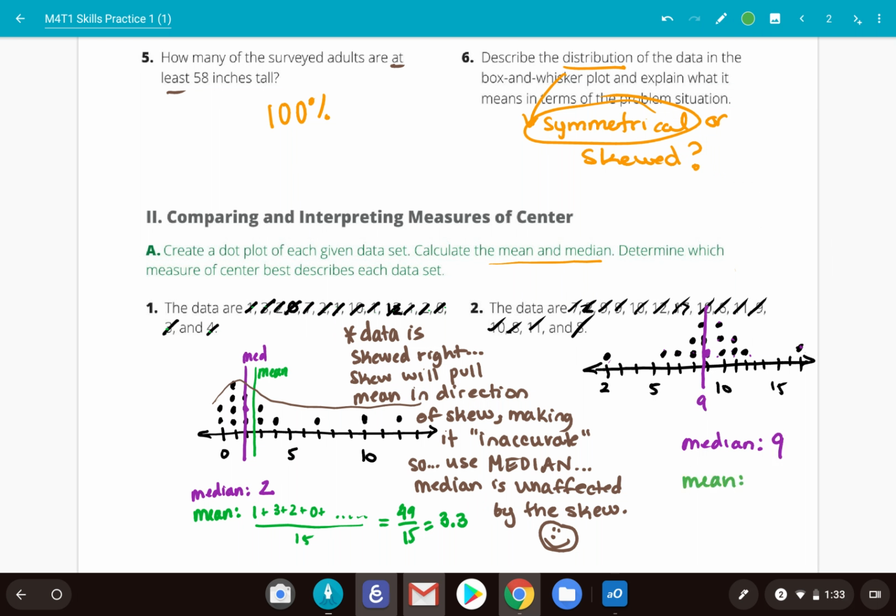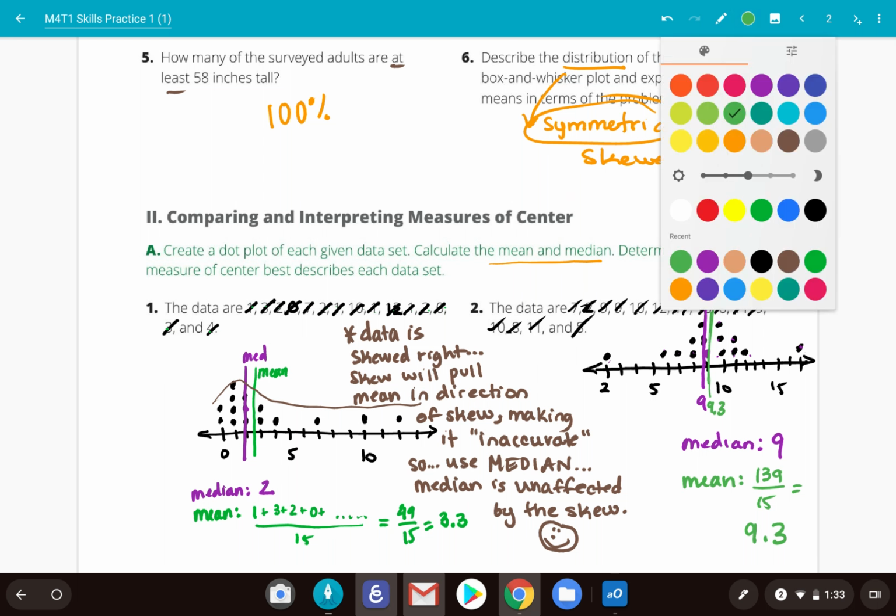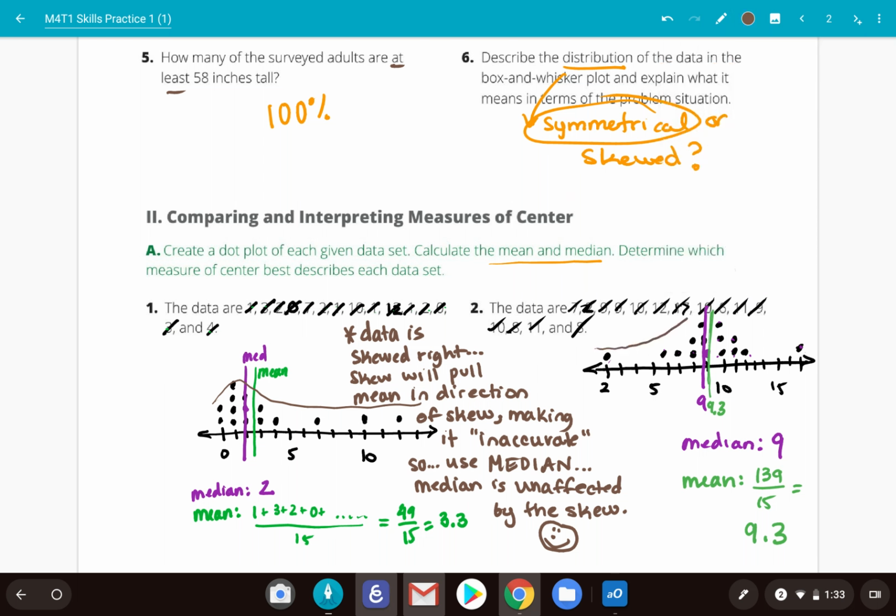I got 139, and we're going to divide that by 15 since there's 15 numbers. And so I get that my mean is 9.26, and I'm going to round that to 9.3. All right, so in this situation, your distribution is symmetrical.